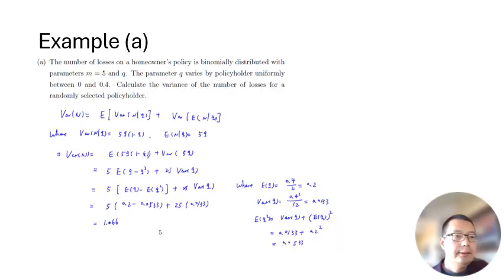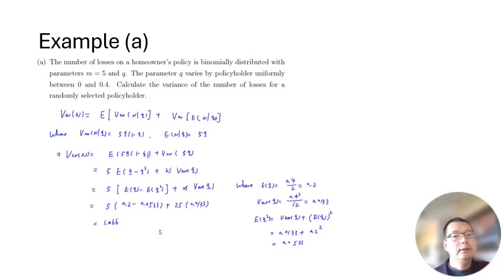Now let's look at this example. The number of losses on a homeowner's policy is binomially distributed with parameters m equal 5 and q. The parameter q varies by policyholder uniformly between 0 and 0.4. Calculate the variance of the number of losses for a randomly selected policyholder.